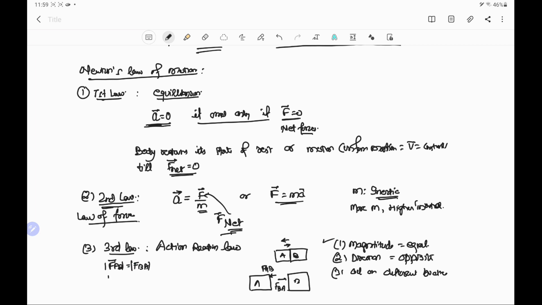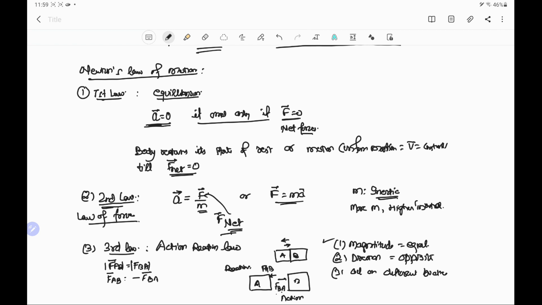Second is F_AB equal to minus F_BA. Their directions are opposite. And third, F_AB is acting on A while F_BA is acting on B. If this is an action, F_AB is the reaction, and these will act on different bodies. So this is the third law.